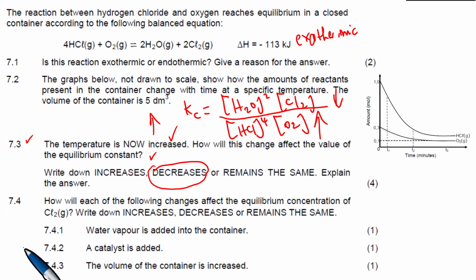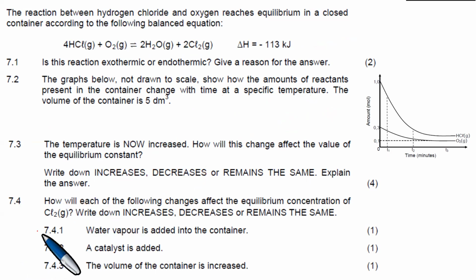The next question is 7.4.1. How will each of the following changes affect the equilibrium concentration of Cl2? Write down increases, decreases, or remains the same. Water vapor is added into the container.